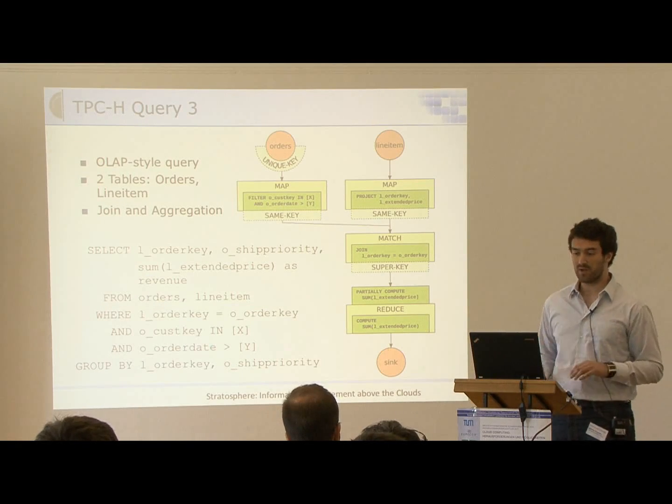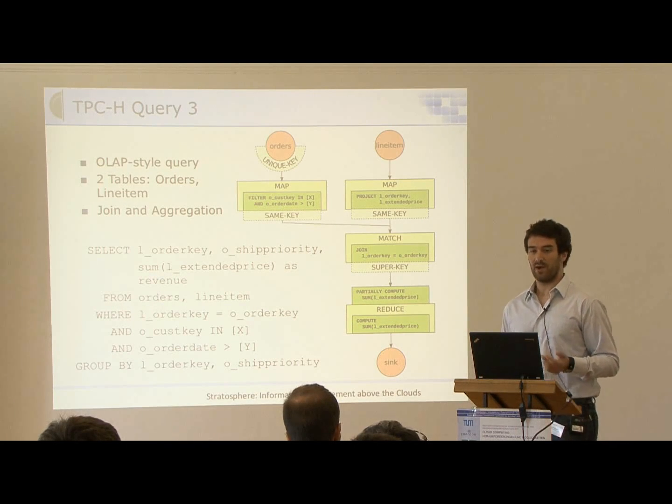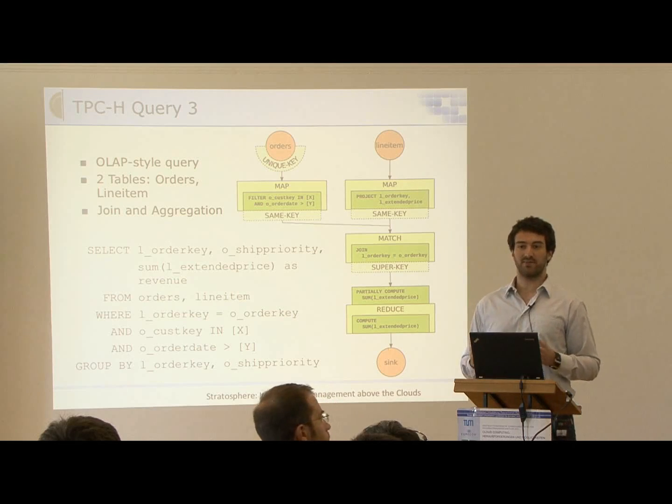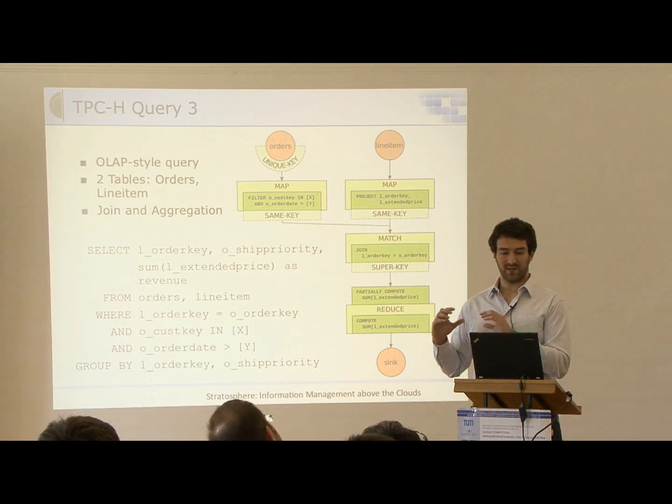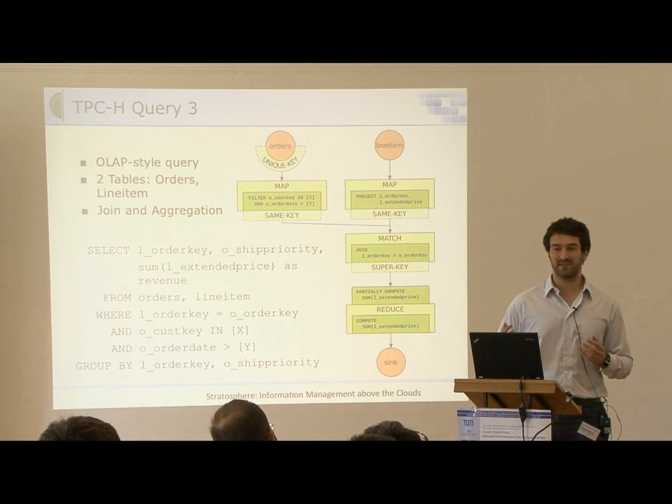So what we are actually doing is just using our match contract, which is defined such that we always get pairs of values which have the same key. This is the actual semantics of a join.